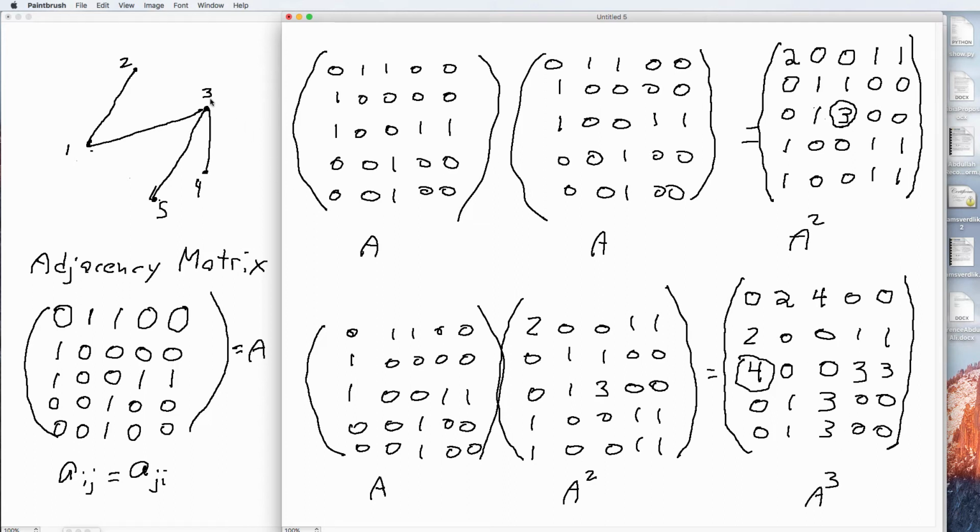If I start over here in 3 hops, I can go 1, 2, 3. I can go 1, 2, 3. I can go 1, 2, 3. And I can go 1, 2, 3. 4 different ways. Okay? And we can continue this on and on for 4 hops, 5 hops, 6 hops.